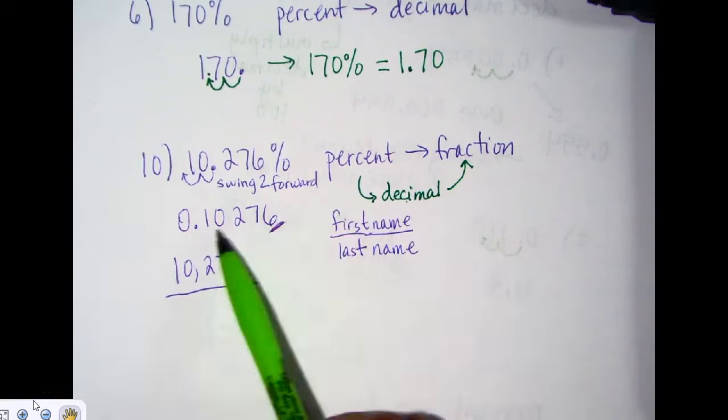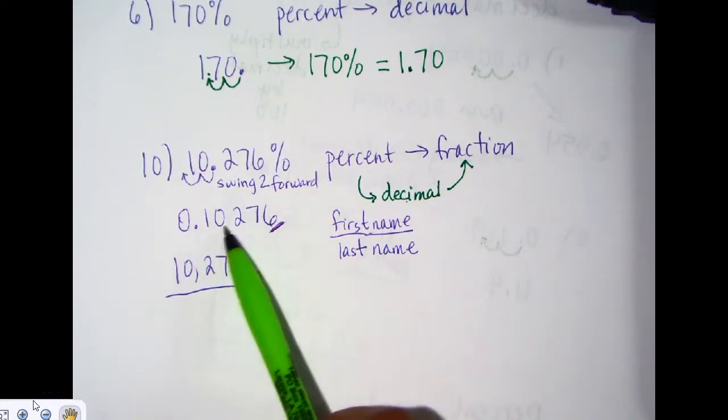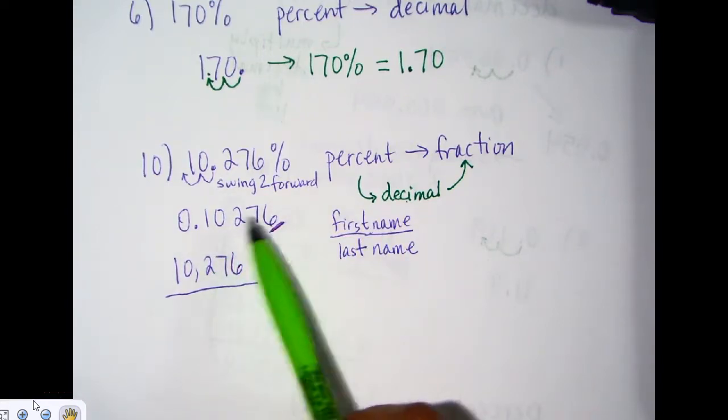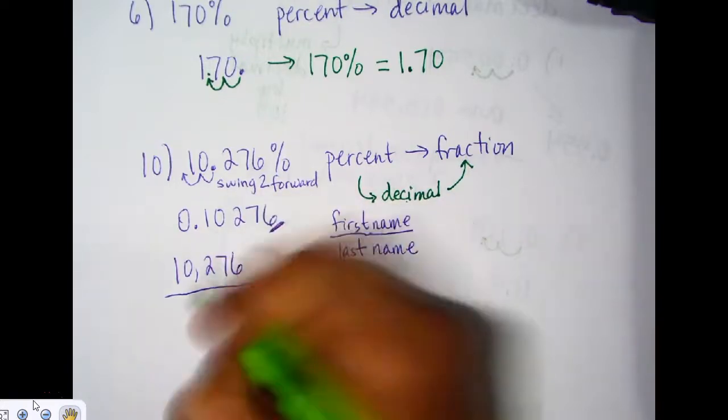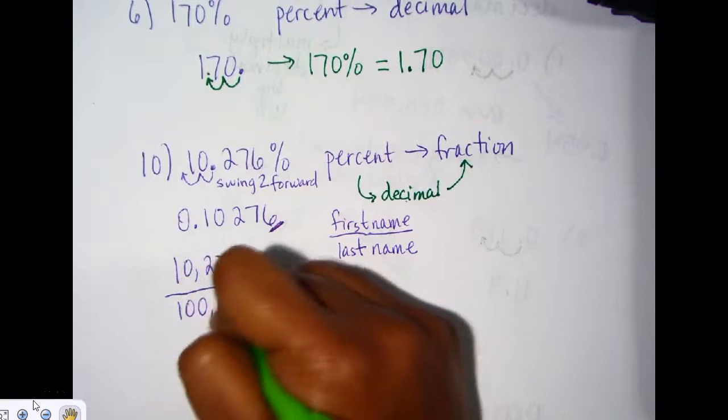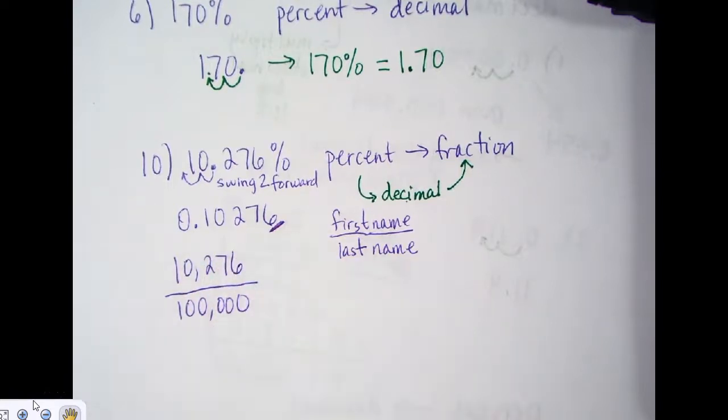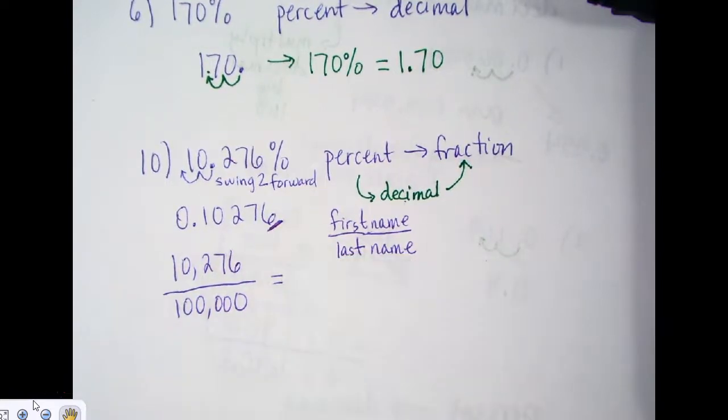And let's see if I can remember. So this is tenths, hundredths, thousandths, ten thousandths. I believe this is hundred thousandths. So we're going to put on the bottom 100,000. Okay, and then of course the next thing we'll do is we would work really hard to keep dividing, and then get our answer, which is our simplified fraction.